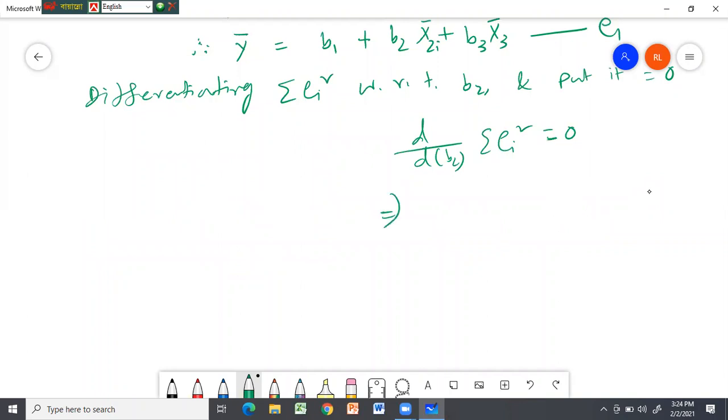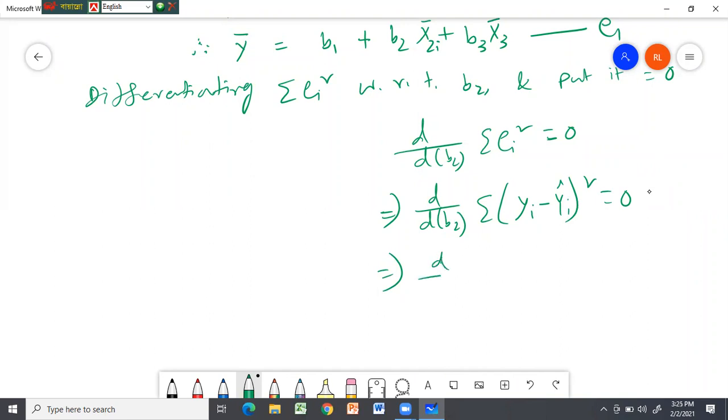So up to this, you just have to replace the value of your sum of ei square, which is yi minus yi hat whole square. And then the rest of the procedure is almost similar to what we have done in the earlier case of b1.